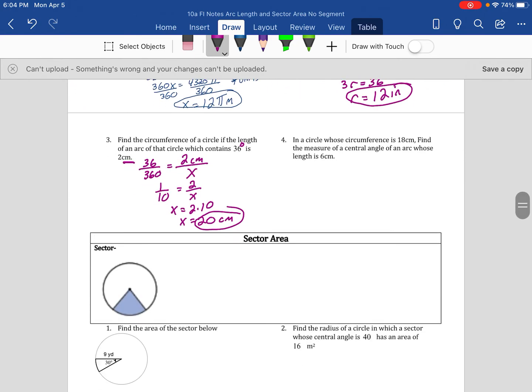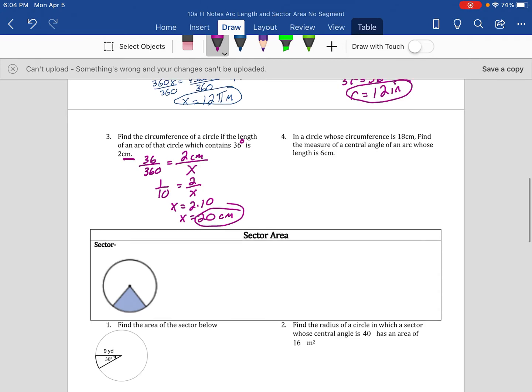In a circle whose circumference is 18 meters, find the measure of a central angle whose arc length is 6 centimeters. So we're trying to find the measure of the angle out of 360 is equal to, the circumference is 18 centimeters and the arc length is 6 centimeters.